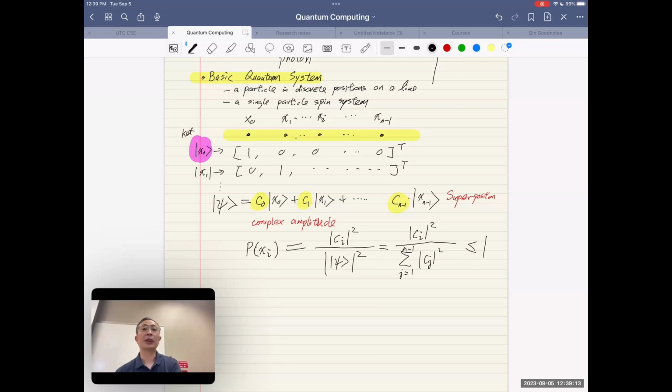Let me see whether I can share. The code I wrote, let me put that in the chat window. I wrote some simple Python code to show the example.